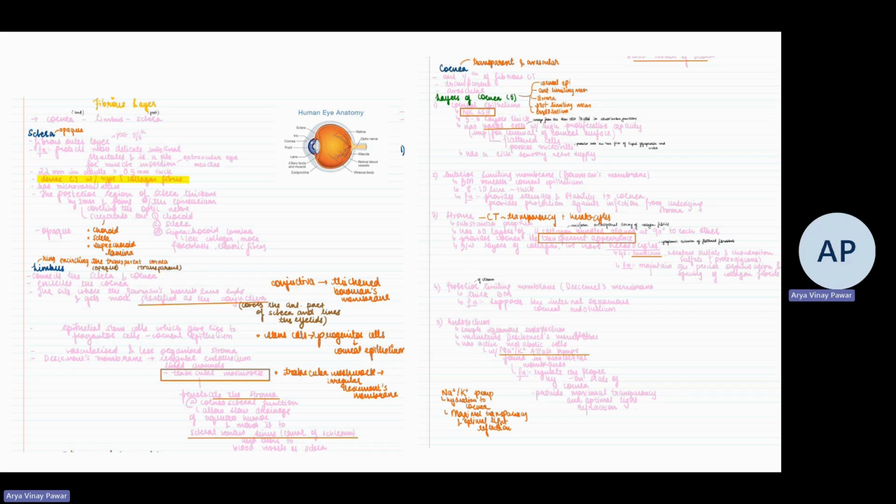This is where we see the aqueous humor. And we also have a posterior chamber, which is seen between the iris and the lens. So from cornea to lens is the anterior cavity, and the posterior cavity is behind the lens, all the way to the retina, and it has the vitreous body. It has vitreous humor, which is a different kind.